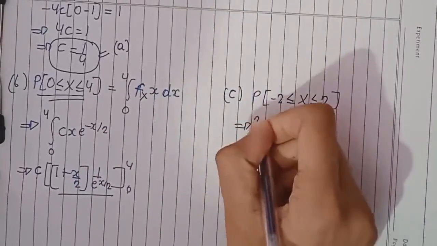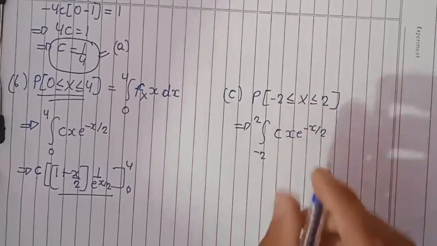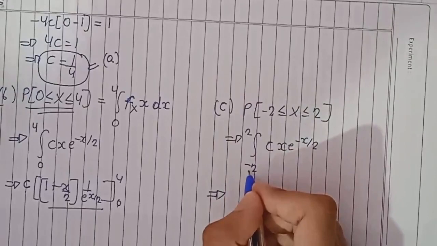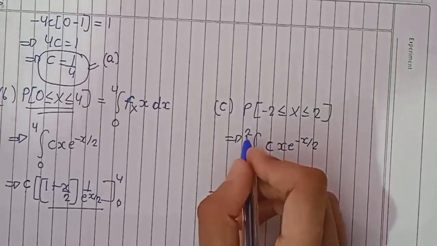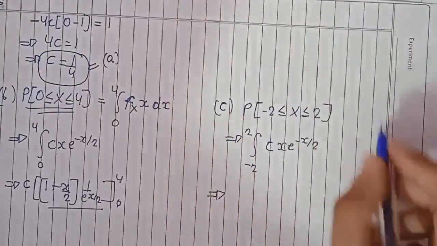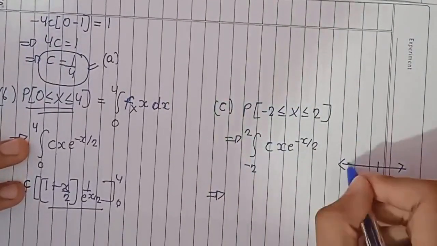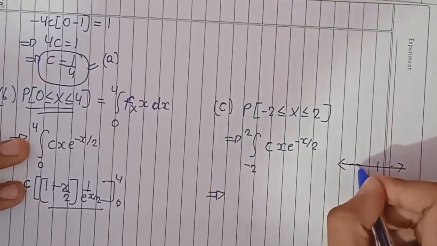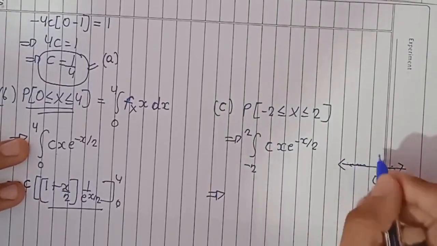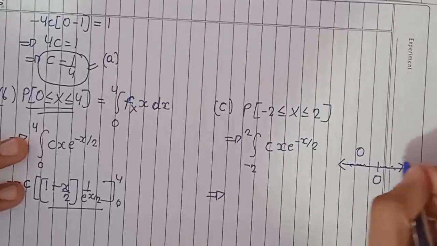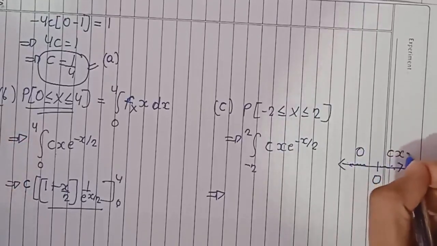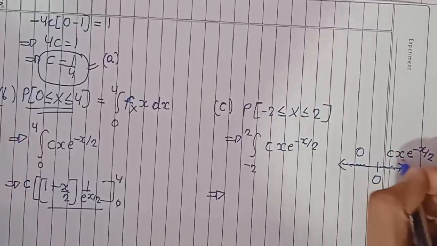Now you must note that in the integration of -2 to +2, you cross the hurdle which is 0 here, because before 0 and after 0 the value of PDF changes. Before 0 the value of PDF was equal to 0, and after 0 the value of PDF was this.